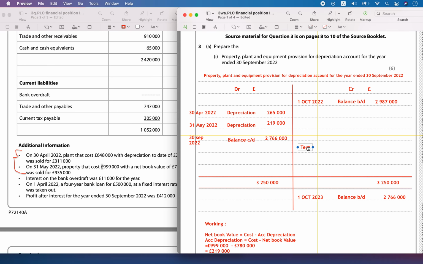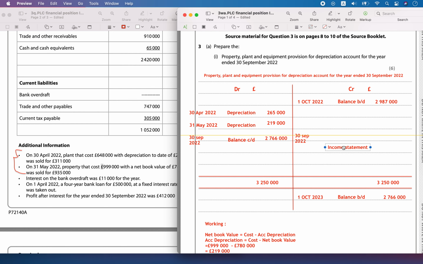Now the remaining amount you have to transfer to the income statement. We have to calculate how much that is for 30th September 2022.